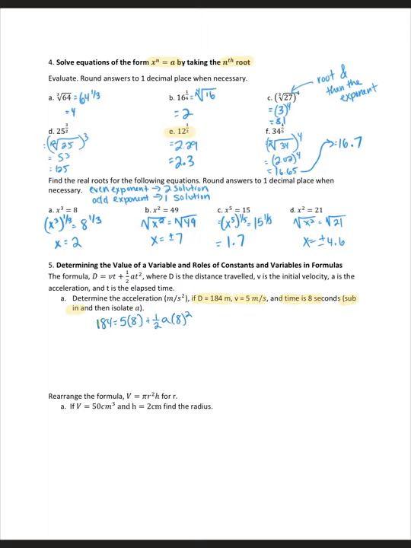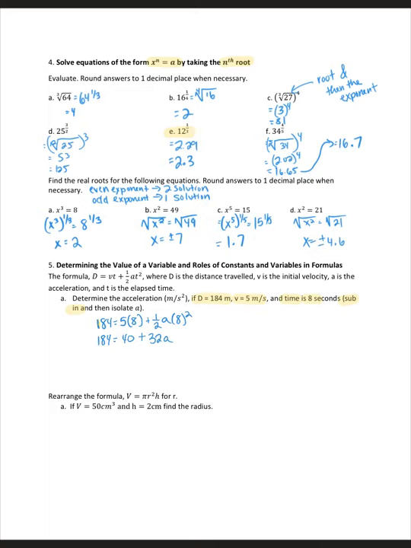So we're going to now simplify and then rearrange to solve for a. So 184 is going to equal 40 plus, well, 8 squared is 64, and 64 times 1/2 is going to be 32a.